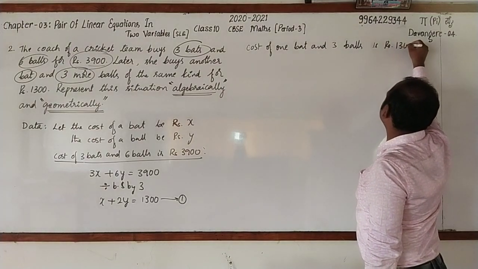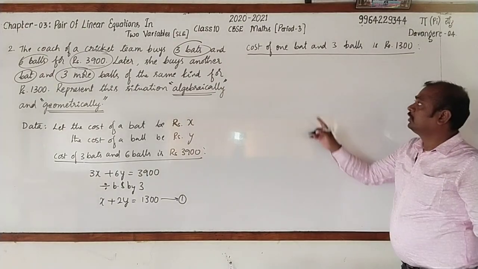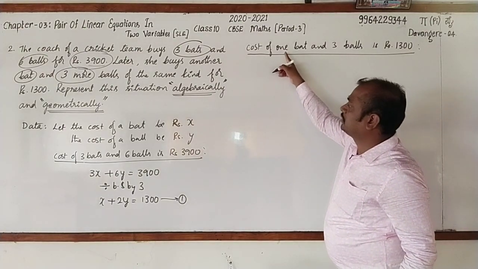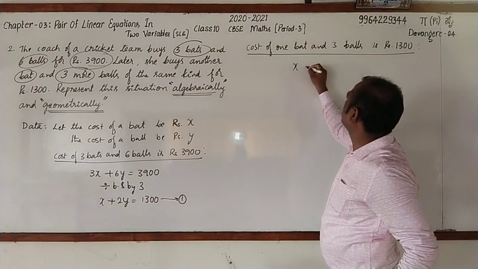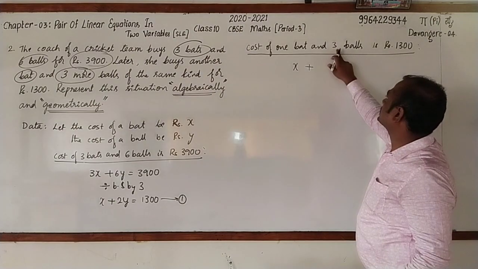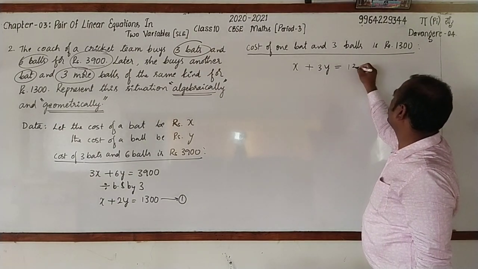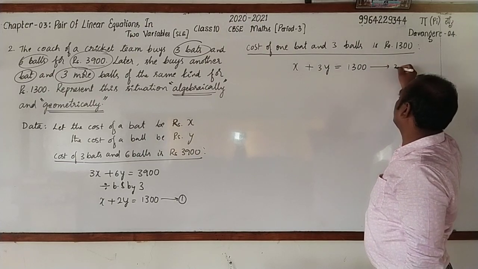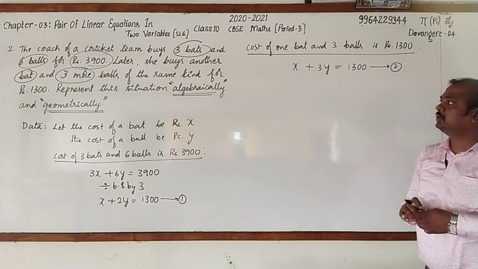Rupees 1,300. You can also convert this into an equation as: the cost of 1 bat is rupees x, plus the cost of 1 ball is rupees y, cost of 3 balls is 3y. This is equal to 1,300. I call it the second equation. Hope that you have understood.